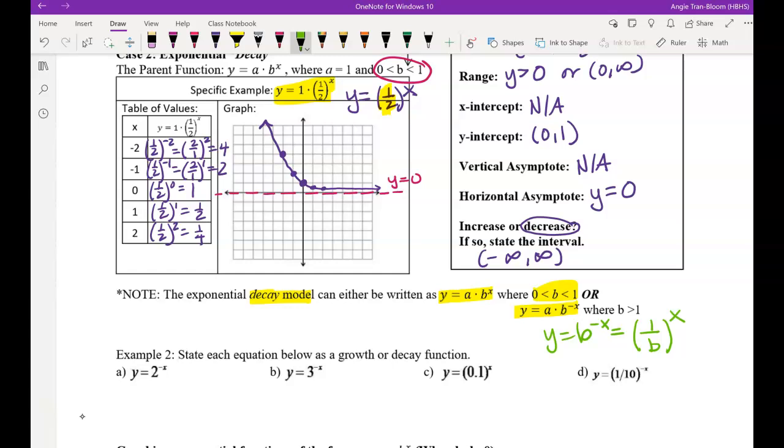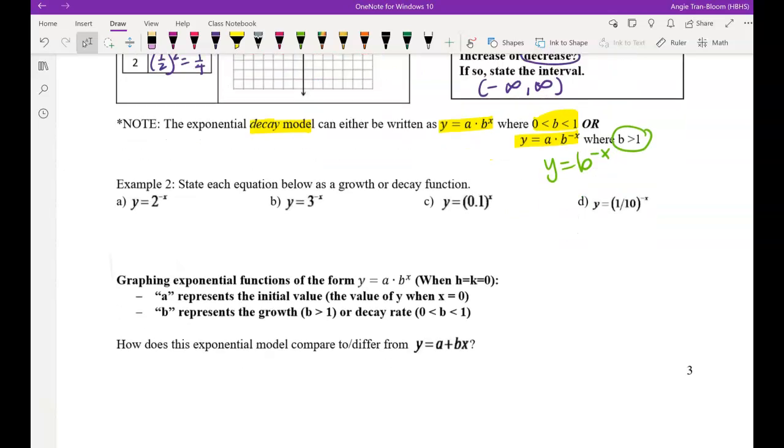So that's why it's the same thing. If we're using a negative power, then your base is going to be bigger than 1, okay? But usually we write it as a fraction in between 0 and 1.